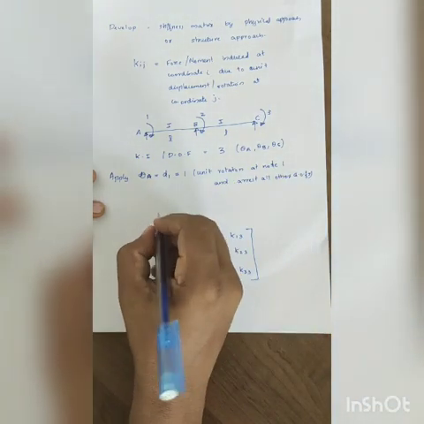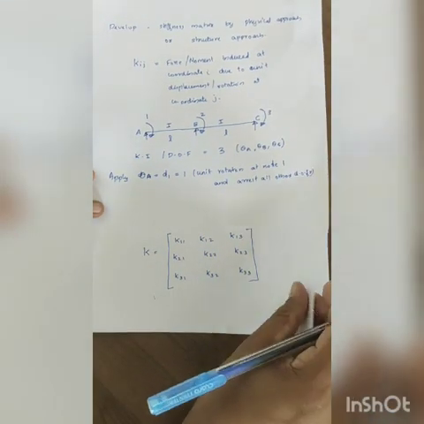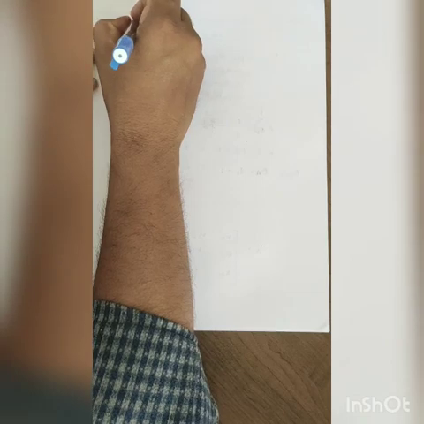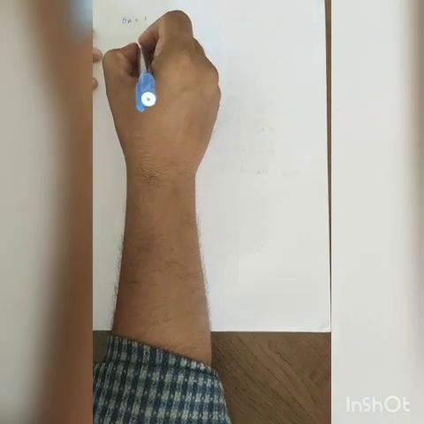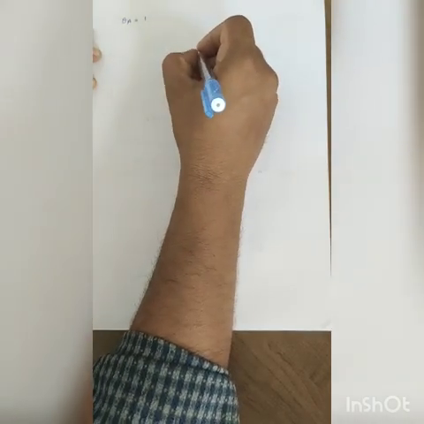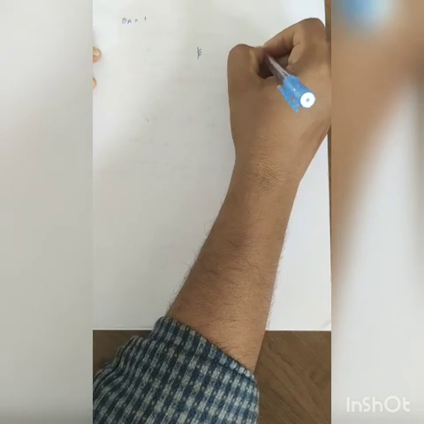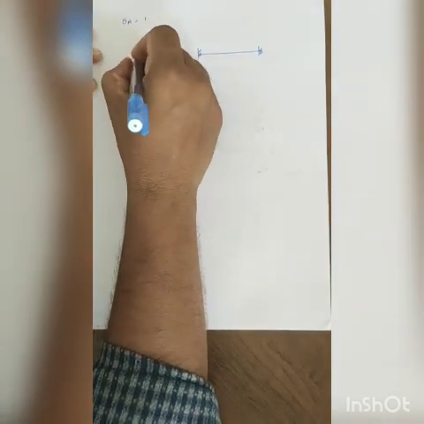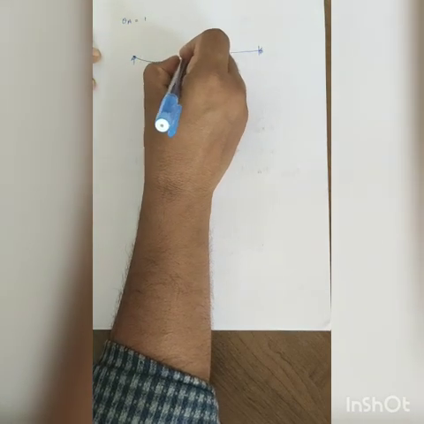So let me draw in the next page so that it will be very clear to you. So I am applying theta A equal to 1, and I am arresting all the other locations. So you can see that.